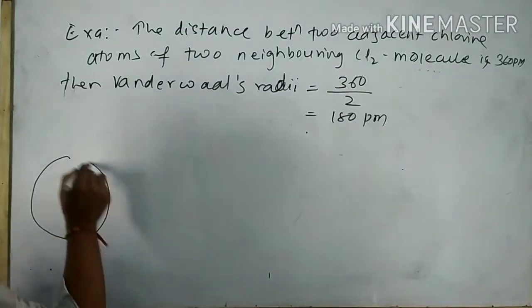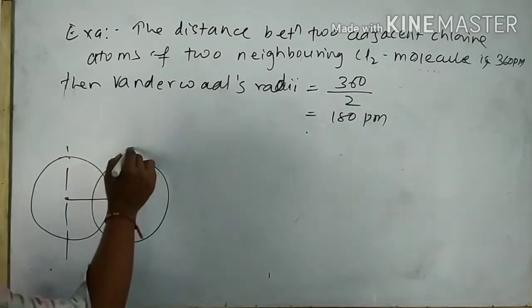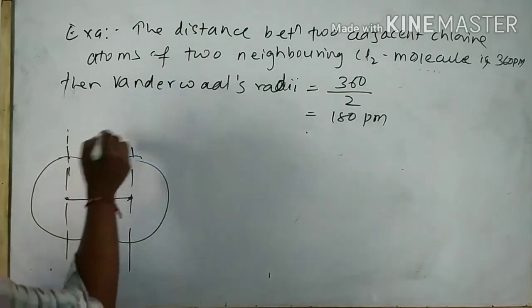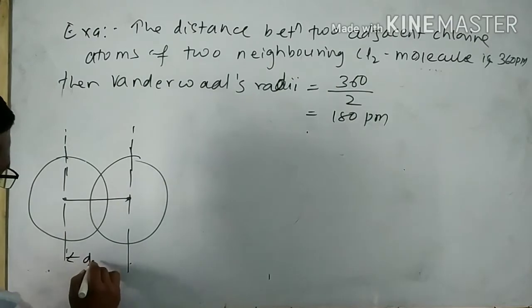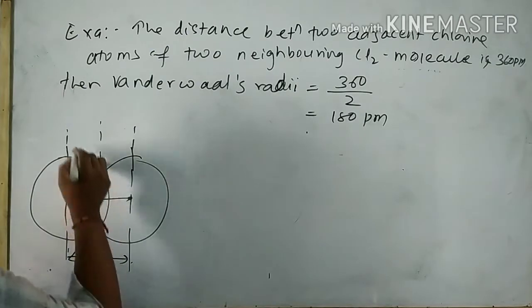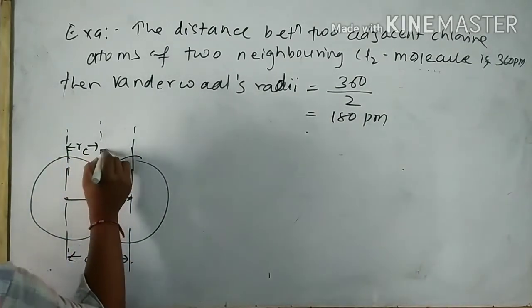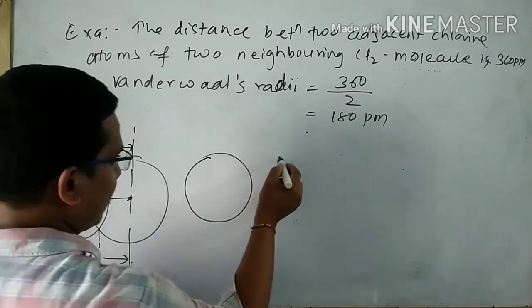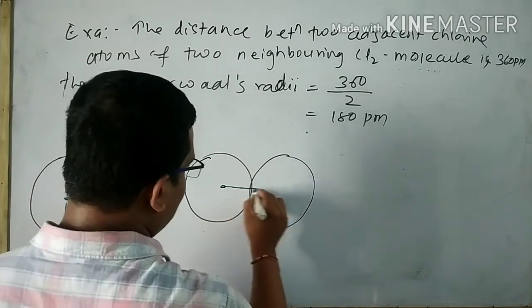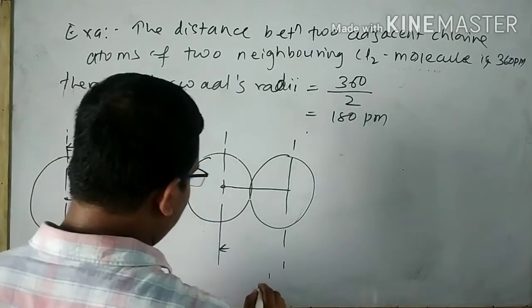that this is the representation for covalent radius. This is the covalent radius. This is the representation for metallic radius.